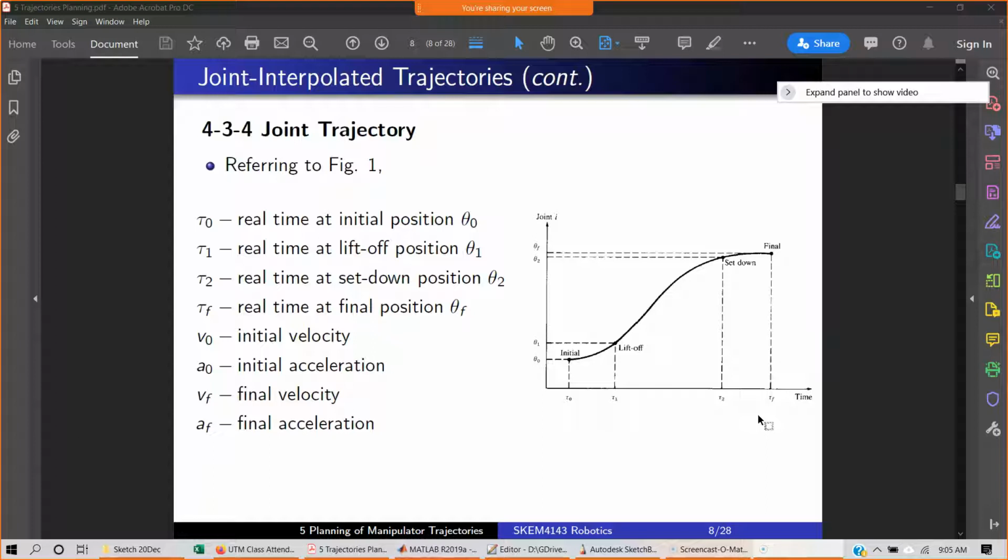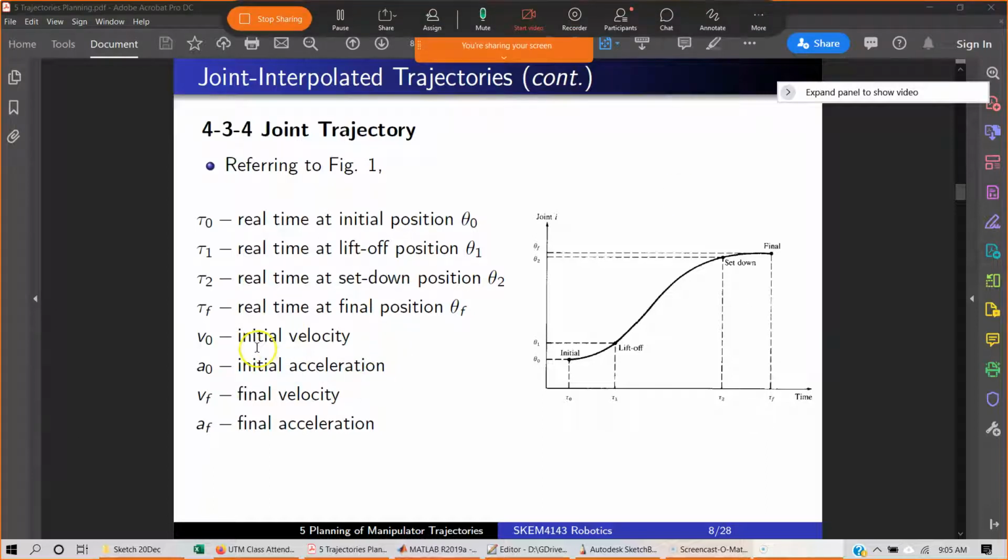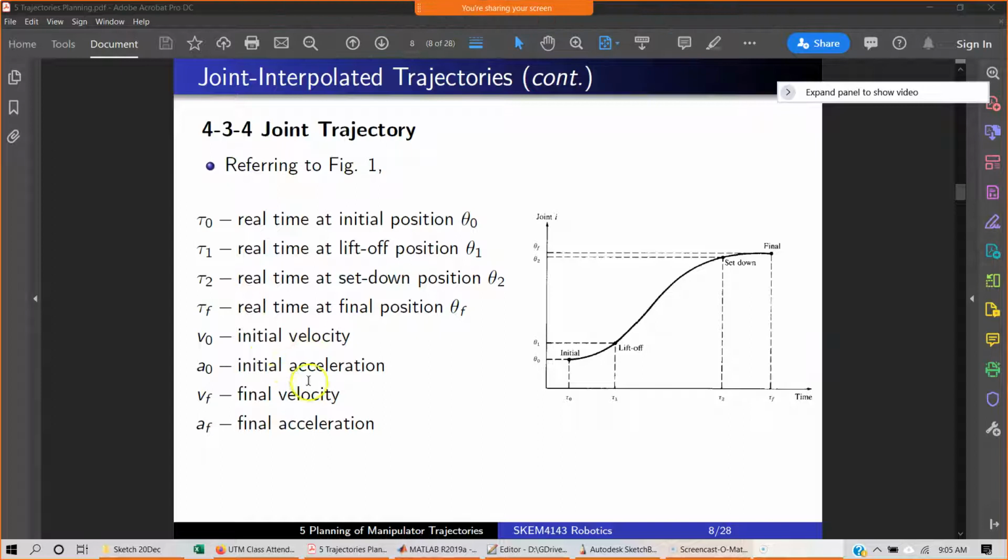And we have a number of other constraints: the initial velocity and initial acceleration. That means at this point, when you start moving or actuating your joints, what is the initial velocity and initial acceleration? If you imagine that you are doing this for a pick and place operation, when you are picking an object, most probably the velocity and acceleration will be 0, right?